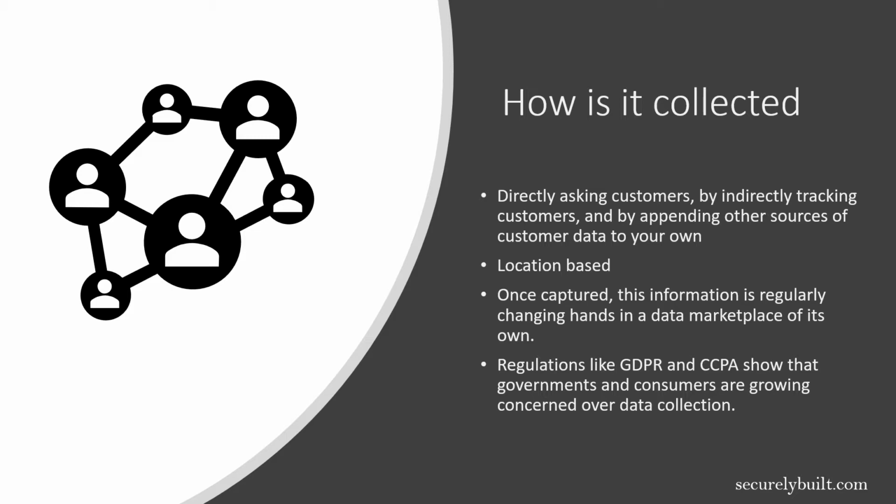And we're really seeing things like GDPR, the European Data Protection regulation, as well as the California Consumer Privacy Act, really understand the dangers of collecting all this information, and more importantly, trying to put guidance and frameworks around how this information should be protected, because we see that a lot of people are becoming more and more concerned about their data being out there and how it's being used.